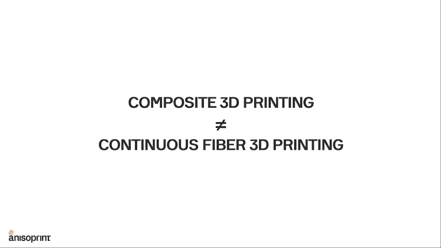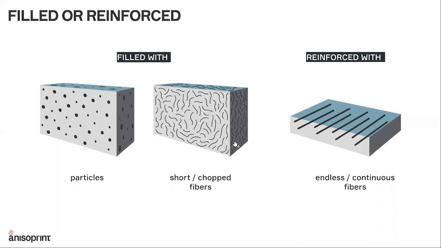That's not the same. You can call a composite material something that is filled with particles or short or chopped fibers, which is also a composite by definition, but not by the actual physical meaning of it.